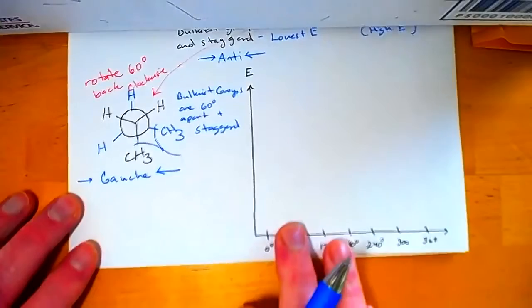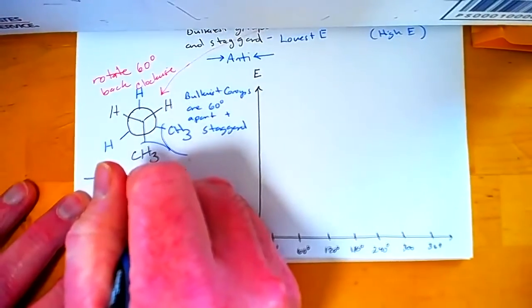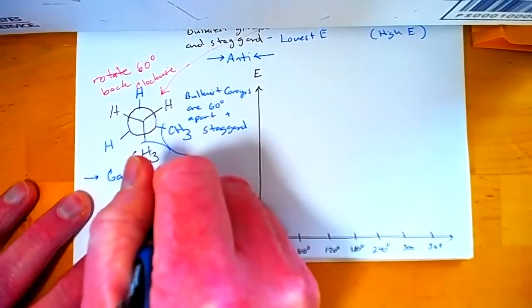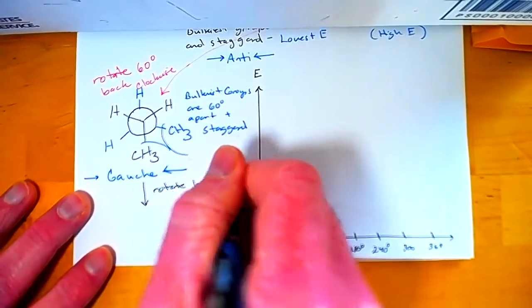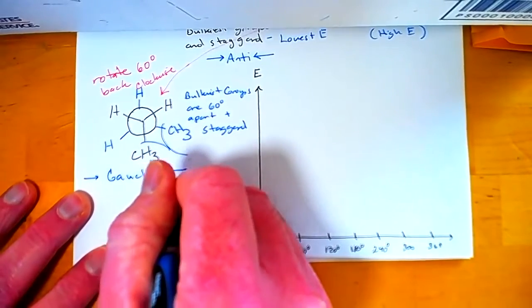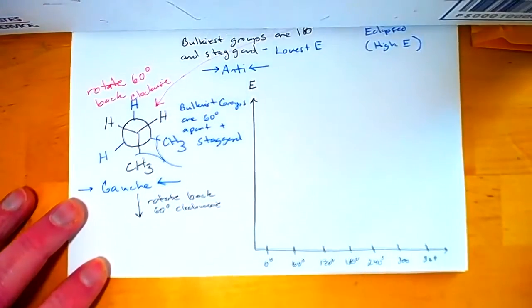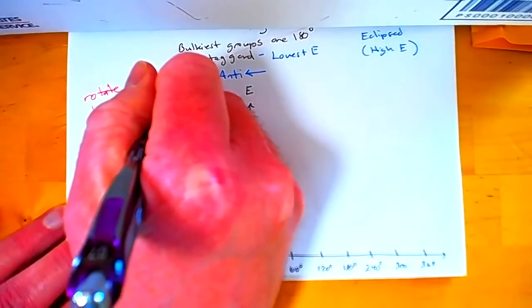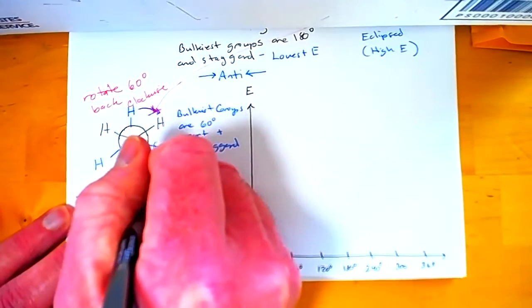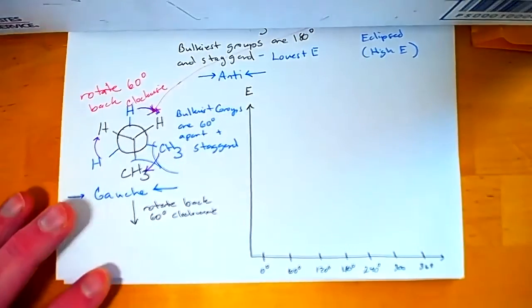Okay, now if we go ahead and do one more rotation of this, so that now this hydrogen is going to move over here, that methyl group is going to move right here, and that hydrogen atom is going to move up there.